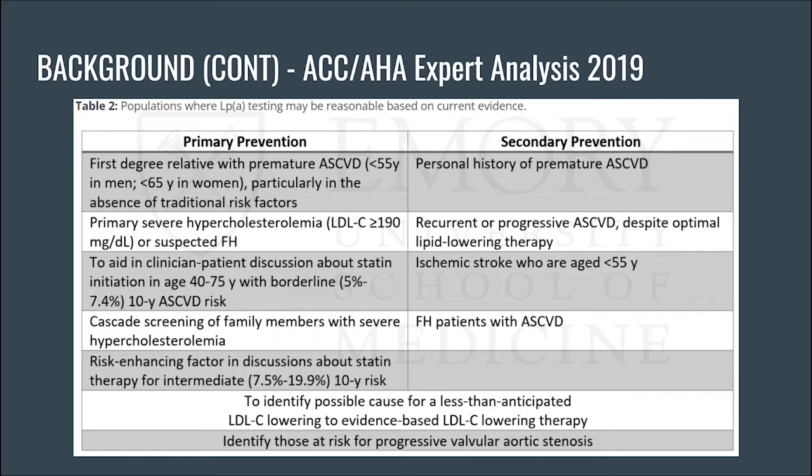And for secondary prevention, again, personal or family history of premature ASCVD. If you're not able to reduce your LDL levels or meet lipid lowering goals despite being on a pretty decent regimen, you may want to consider if this is a risk factor playing a role as well. So these are just some of the general guidelines to consider.